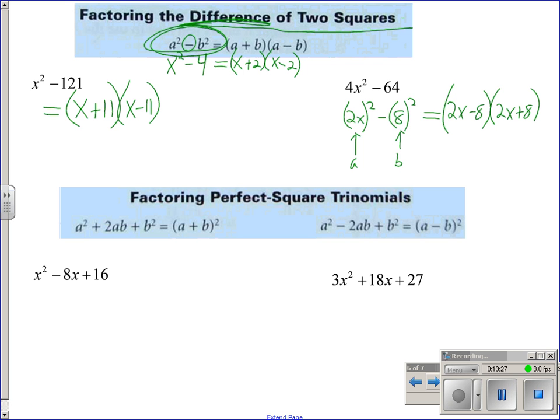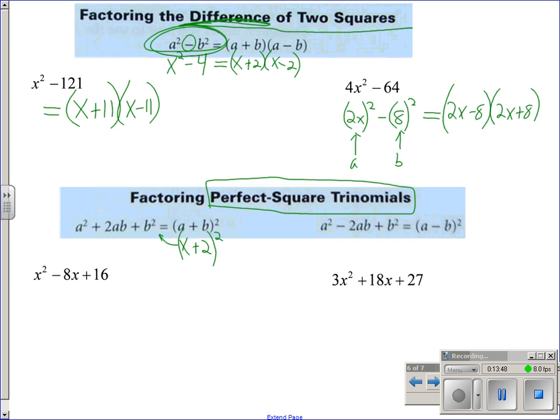Okay. Now, the last one, these are called perfect square trinomials. And so basically, you just have one binomial that you are squaring. And when you expand this thing out, it will always go to this pattern.